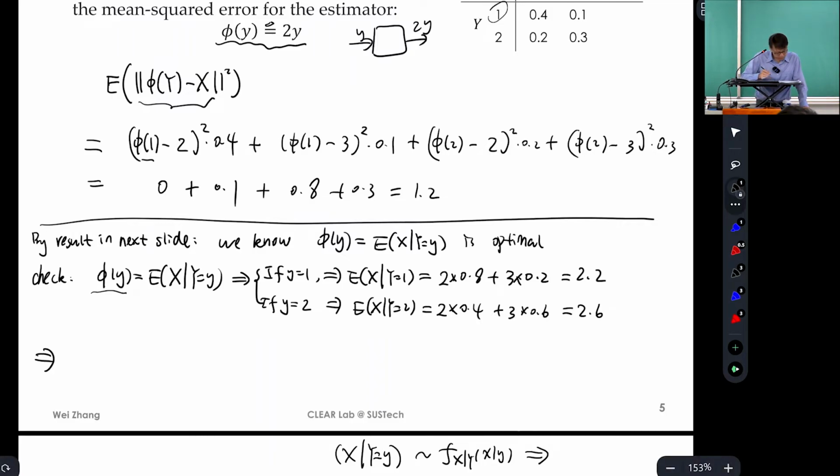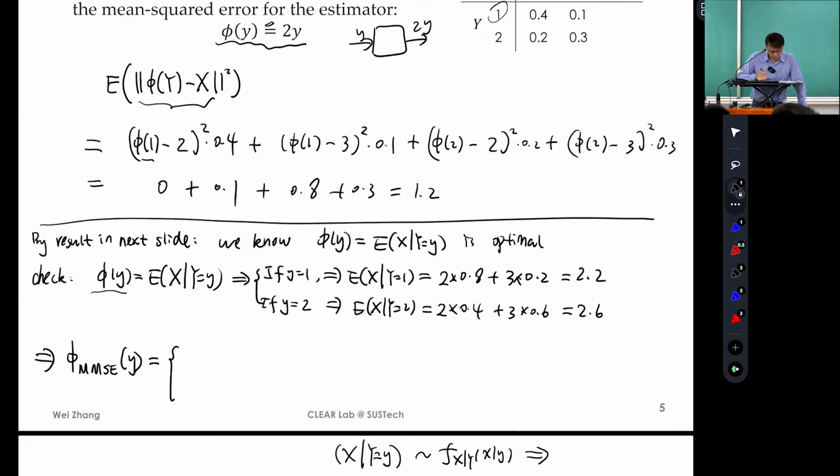Let's see. So our best estimate, the minimum mean squared estimate, is a function of y. And you don't have a single formula; it's not continuous. It's not like 2x or something like that. It's divided by cases.